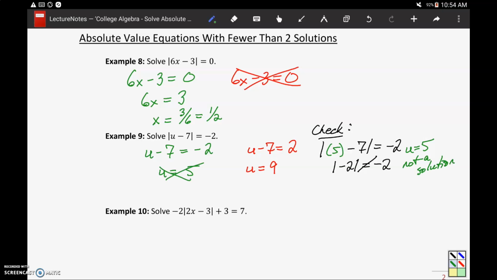So we can scratch this value. We can do the same thing with u is equal to 9. Plugging that back into our original statement would give us the absolute value of 9 minus 7 is equal to negative 2, which would give us the absolute value of 2 is equal to negative 2, which is also a false statement, meaning u equals 9 is not a solution.